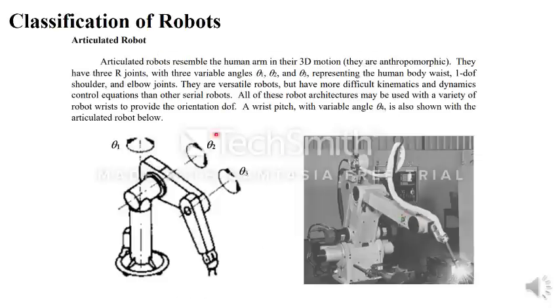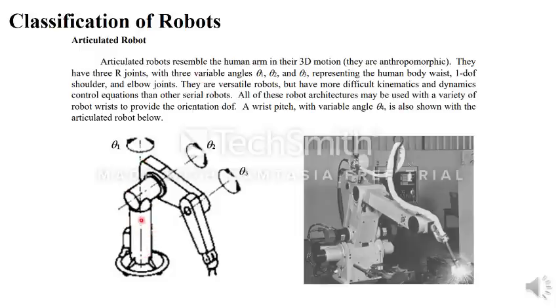Now, articulated robot. An articulated robot resembles a human arm in 3D motions. It is like a human. Articulated, anthropomorphic, it is like a human robot. What a human is doing, the same thing the robot will do. We call that robot an articulated robot or anthropomorphic robot. They have 3 revolute joints with 3 variables. See here, it revolves around this axis.